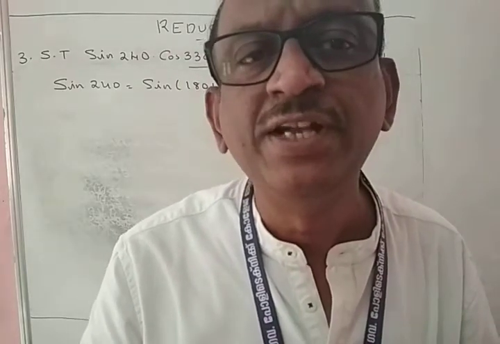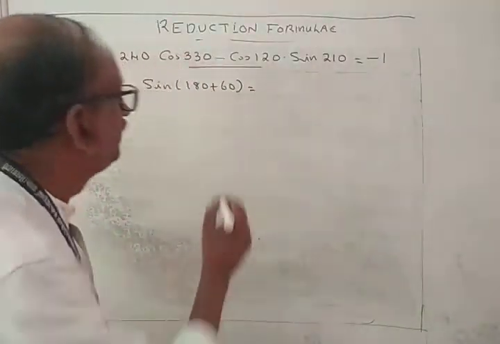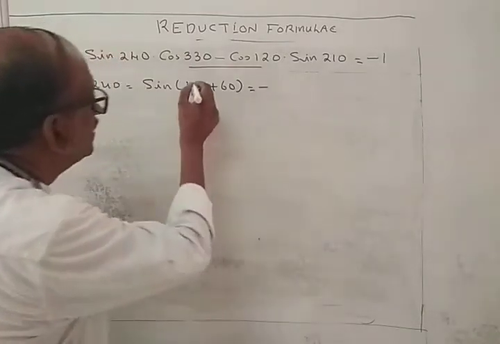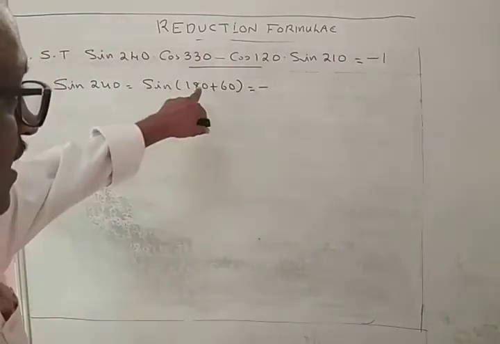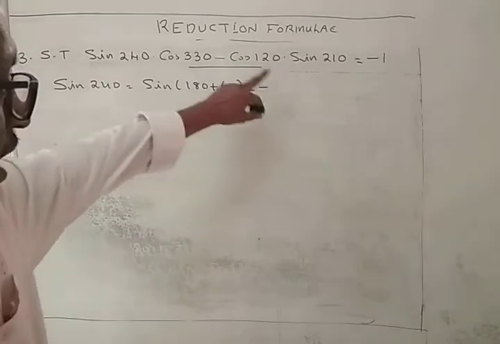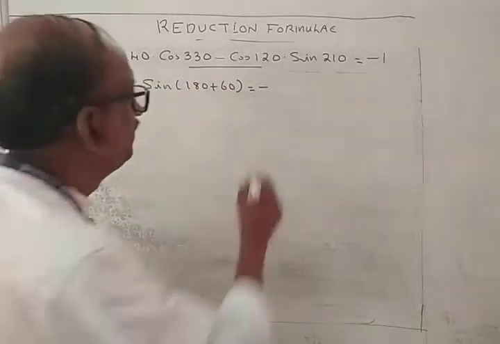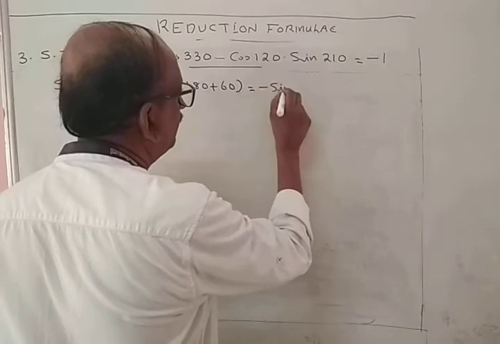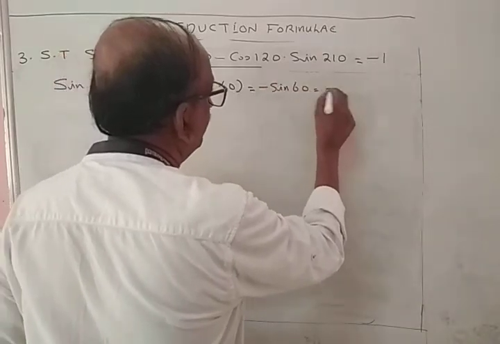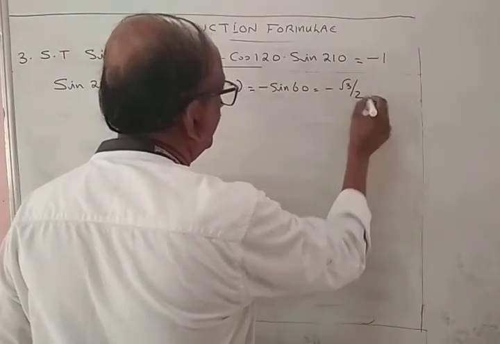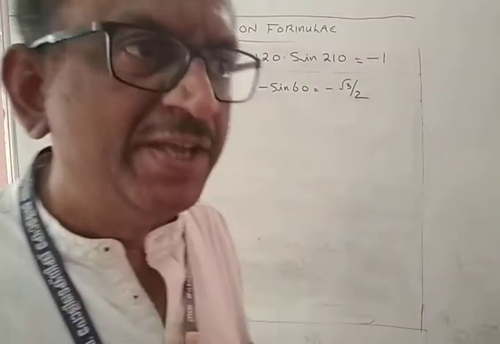In the third quadrant, sine is negative. Since this angle is 180 degree, the value of this quantity is sine 60. Sine 60 is root 3 by 2.